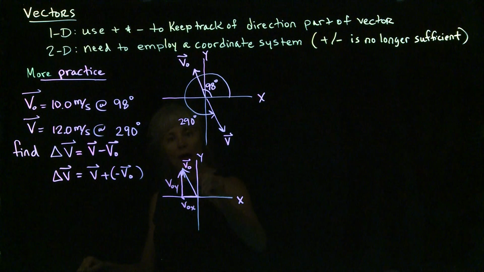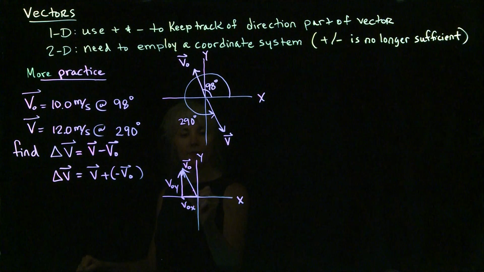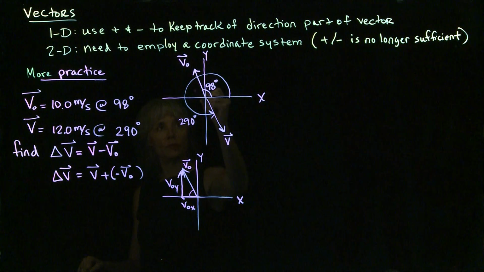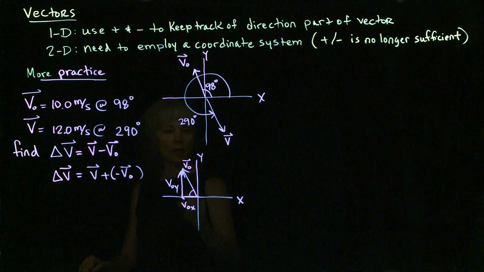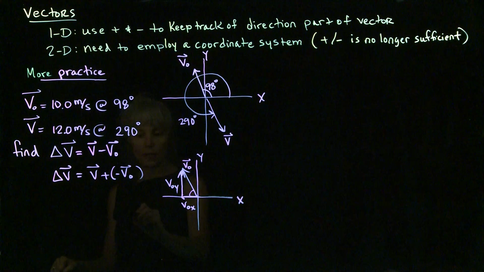So I know how long the hypotenuse of this triangle is, and I also know this angle right here. This angle right here is going to correspond to this angle. This angle is 180 degrees minus the 98 degrees. So I know this angle. So let's take this little triangle and let's blow it up.